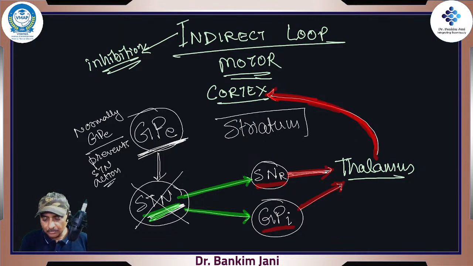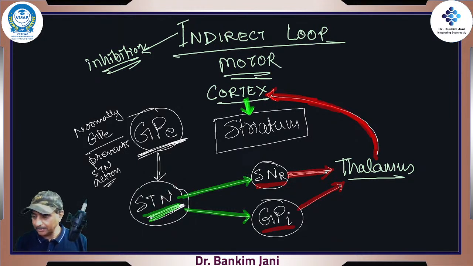That is when cortex, because cortex will always be sending excitatory signals, right? But this striatum decides that we have to stop this movement. So tell this GPE, "gunde ko khula chhod do."